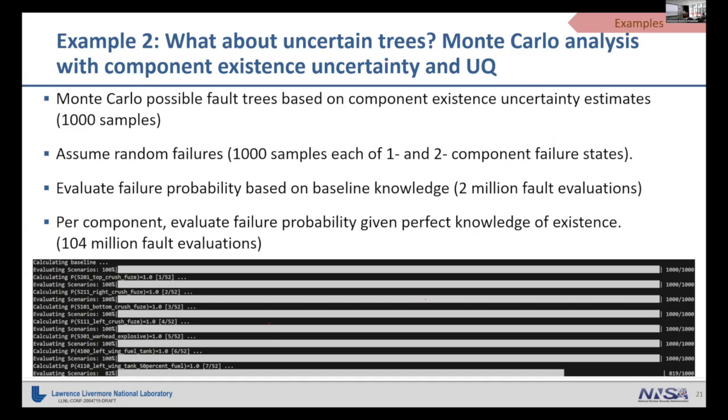But for all of the data I did here, I think it was something like 30 million or 104 million fault evaluations total for this simple example. I did that on my laptop in 10 minutes. So you really have to get big before you'd even go to an HPC.